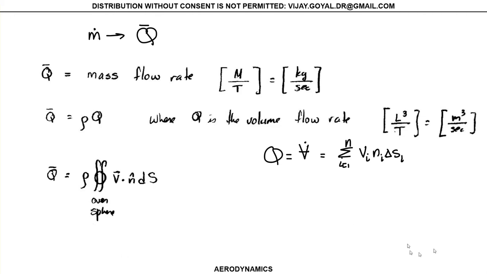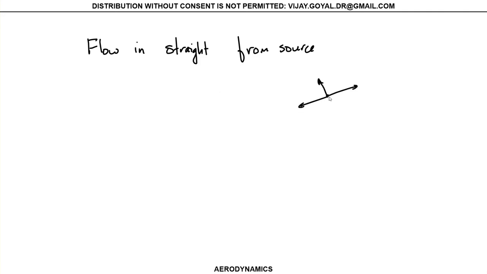So now that we have this, and we actually derived this previously, but let's go ahead and do that again. So for a flow in a straight line, it goes directly from the middle and it's going in straight lines. Okay, so it's going outwards, doing like this.